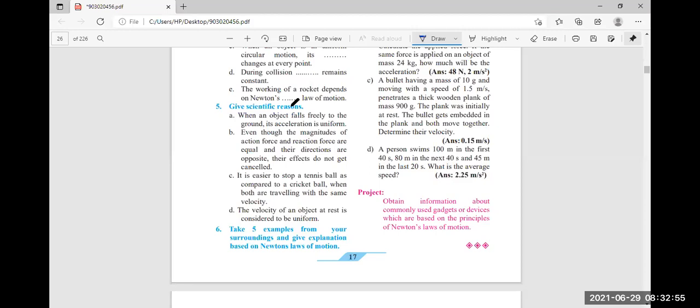No, sir. Sahil Jagjab. The working of a rocket depends on Newton's third law of motion. Is it correct? And why is it correct?